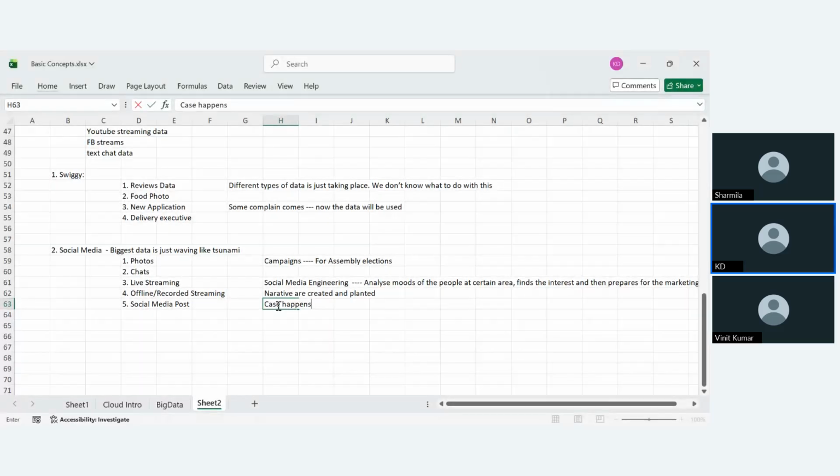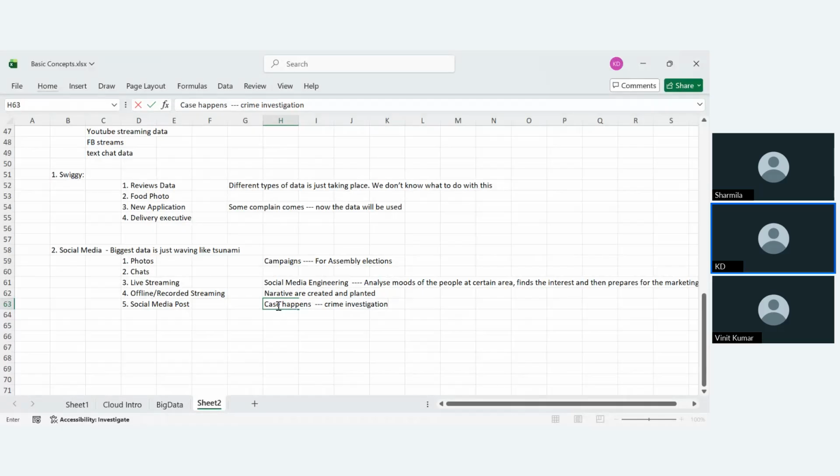Okay, then sometimes some case happens. At many places, when a crime investigation is done and the criminals are questioned, they reveal their strategy, how they knew so much about the victim. In one story, a mother was posting pictures of when her kid goes to school, when she picks him up, and what kind of things the kid likes.